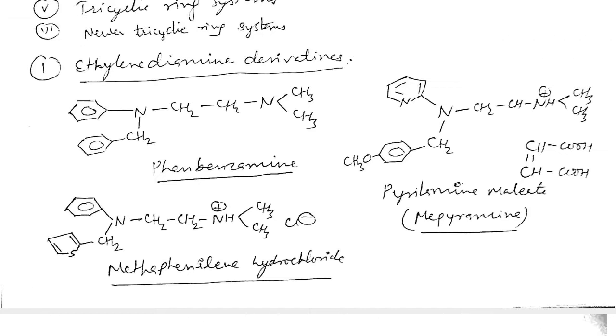One nitrogen contains dimethyl groups like phenbenzamine and pyrilamine maleate, and the other nitrogen contains a phenyl group as well as a thienylmethyl group.